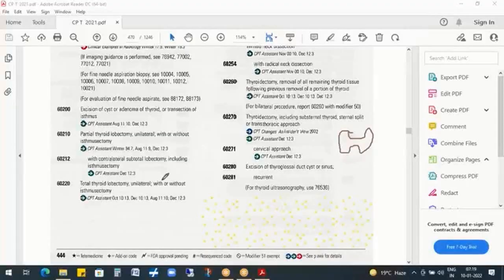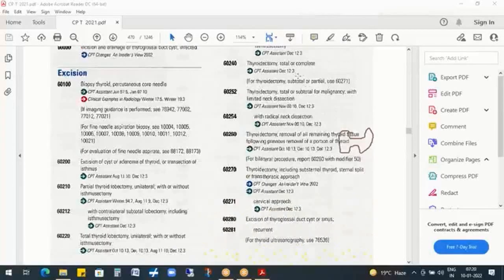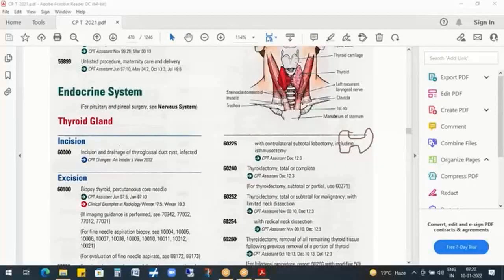60212, partial thyroid lobectomy unilateral with contralateral. One side half, opposite side also half. That is 60212. 60220, total lobe. It may be left side or right side. Total lobe, if they are removing, we call it as 60220. 60221, 60225, contralateral subtotal.